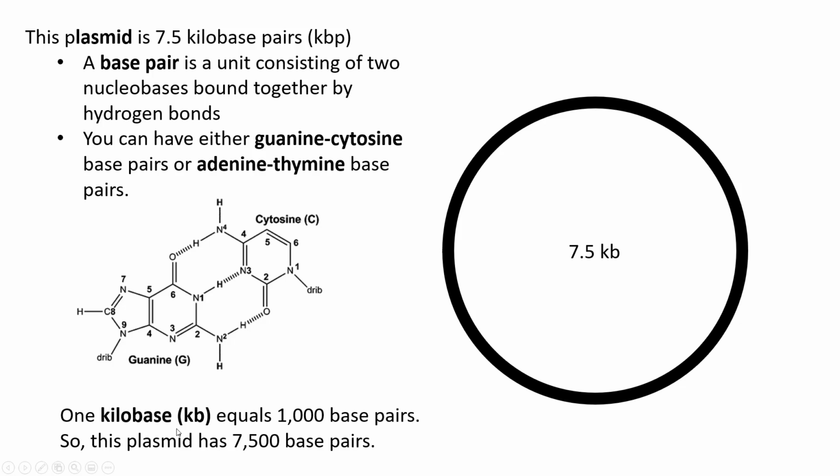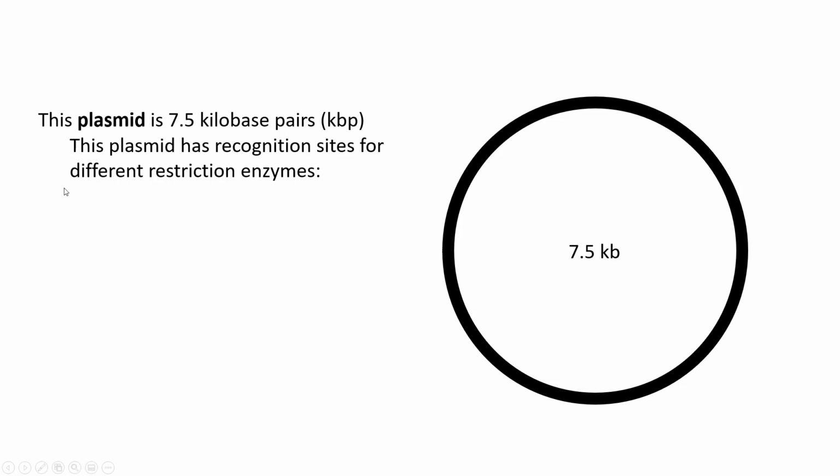A kilobase equals 1,000 of these base pairs. So our 7.5 kilobase plasmid has 7,500 base pairs.